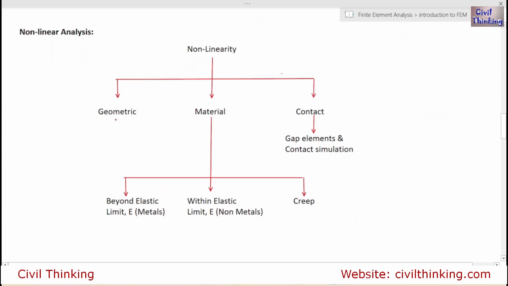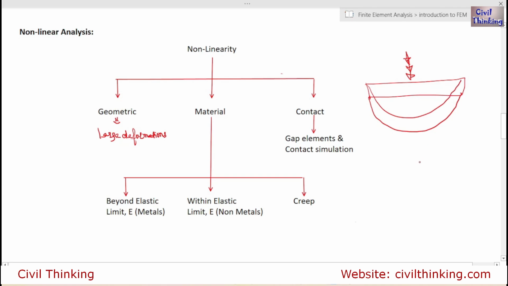Now geometric non-linearity, when we have large deformations. What happens during large deformations? When there is a large deformation, for example a beam with a very high load on it, it will deflect too much.